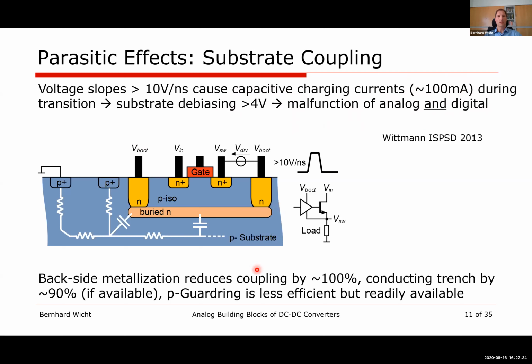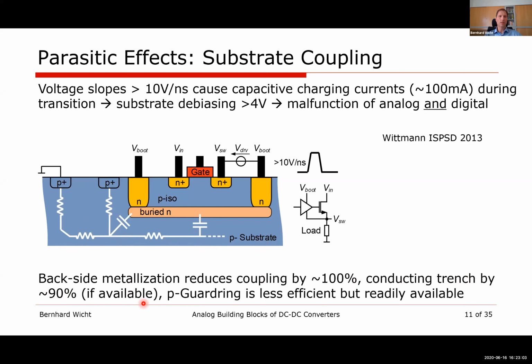And that means we can do backside metallization, for instance, to place a conductive surface here at the bottom of the wafer, or bottom of the die. Then we immediately, at the root cause, suck away the displacement currents. We could also place a conducting trench isolation left and right of these sensitive devices or of these noisy devices.